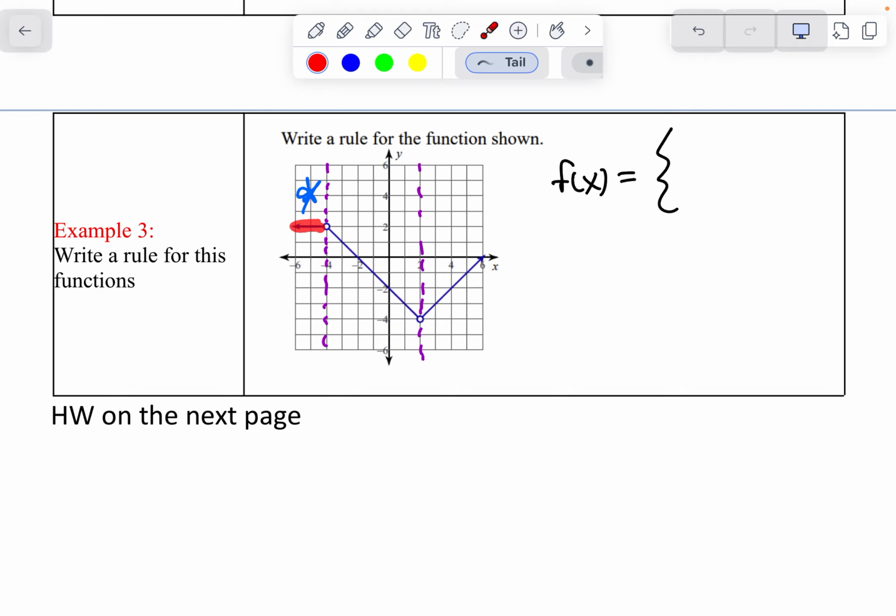A horizontal piece is just f of x equals a number, whatever that number happens to be. In this case, we're at 2. Do you see we're at 2? And so for that piece where x's are less than -4, our function always equals 2. It's constant. That's our constant function. It equals 2.